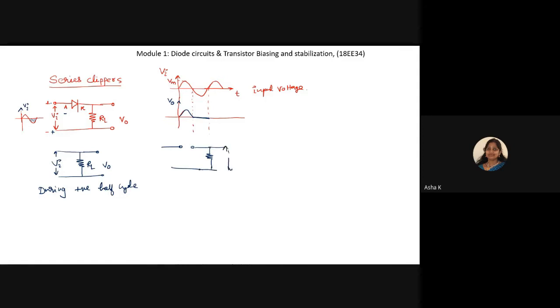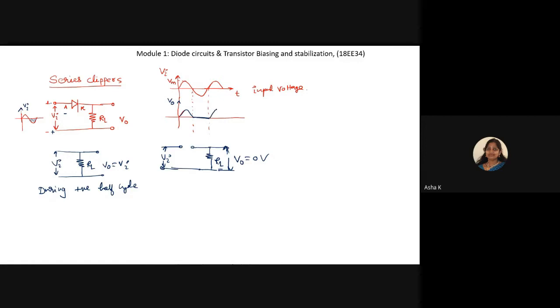If I measure the output across this, what output will I get? What can you tell me? This is open, so is there any output? No, I'm not going to get any output. The output is 0, and because of this I get this curve here.